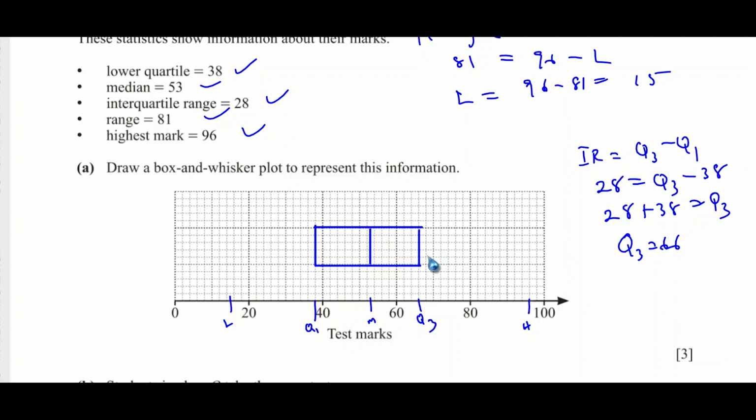Then the highest value is here, to stop here, and the lowest will stop here. The middle of these two like this, I can take this one here.